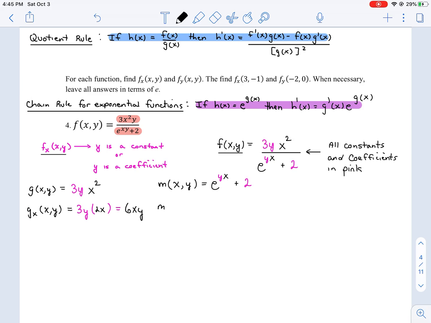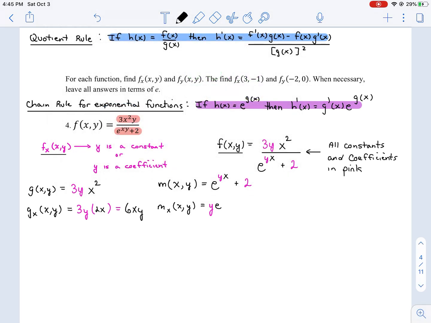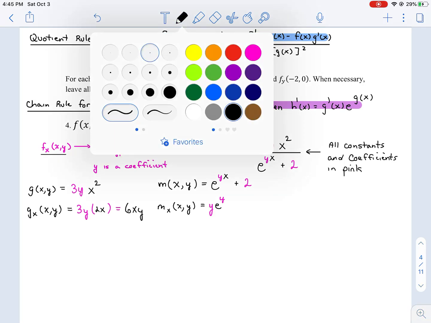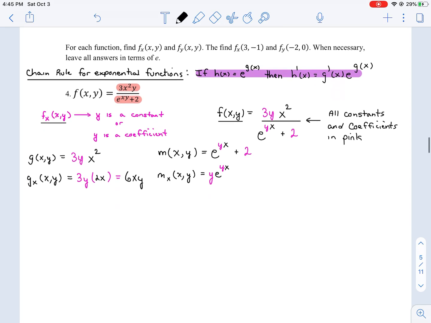And the partial derivative with respect to x of the denominator is the following. It's going to be y times e raised to the y times x power. And the derivative of 2 is 0, so I'm not going to write that down.